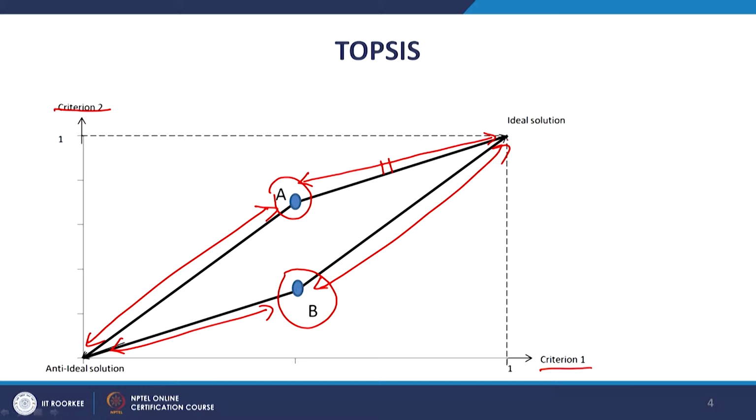We can see that alternative A is closer to the ideal solution and farthest from the anti ideal solution, while alternative B is closer to the anti ideal solution and a little further from the ideal solution. So, this is what the whole TOPSIS method is about. We will discuss other aspects of TOPSIS in more detail.